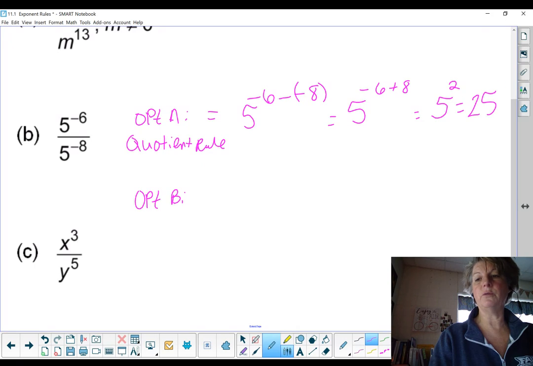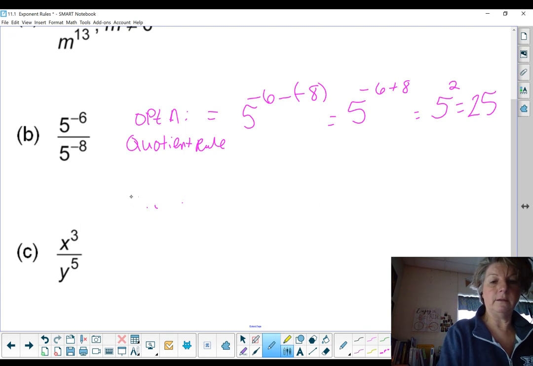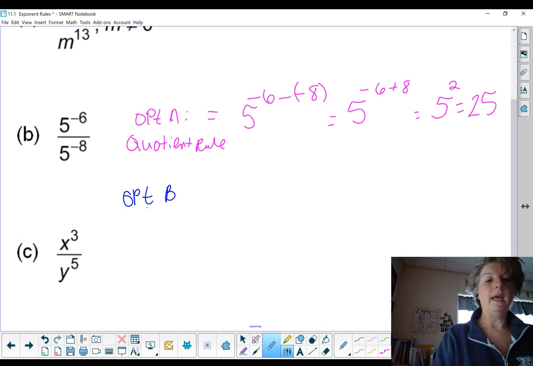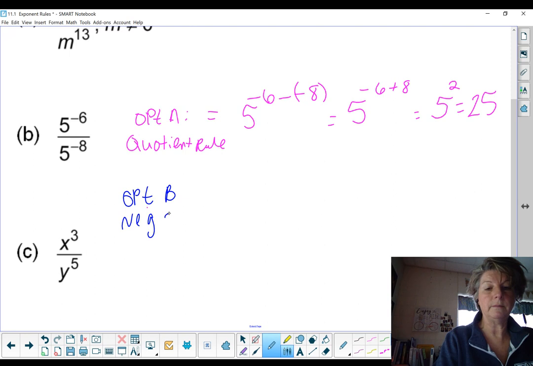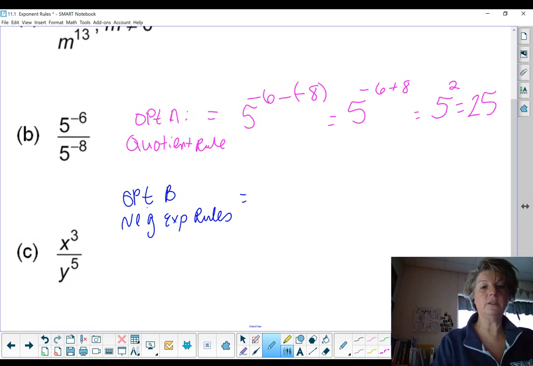25. Option B. Option B should definitely be in blue, shouldn't it? Okay, let me get option B here, in blue. Instead, on this one, I'm going to use the negative exponent rules. And that rule is going to look like moving things.